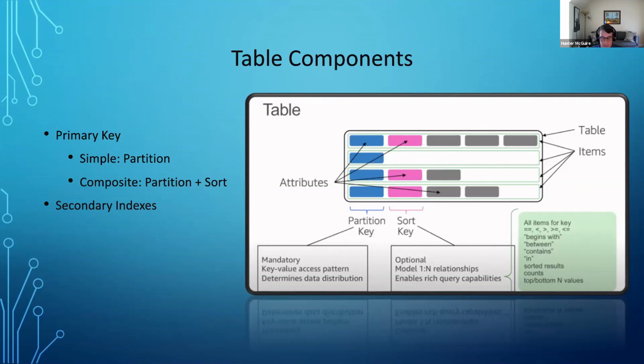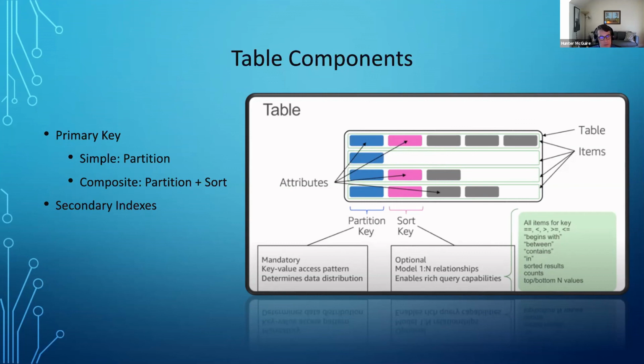In relational databases, that could be a GUID or auto-incrementing ID, and to me, sometimes that's a useless value. You're using it to look it up, but other than that, it has no purpose. Whereas in DynamoDB, you leverage your primary key to access your data, and you can use it for filtering.